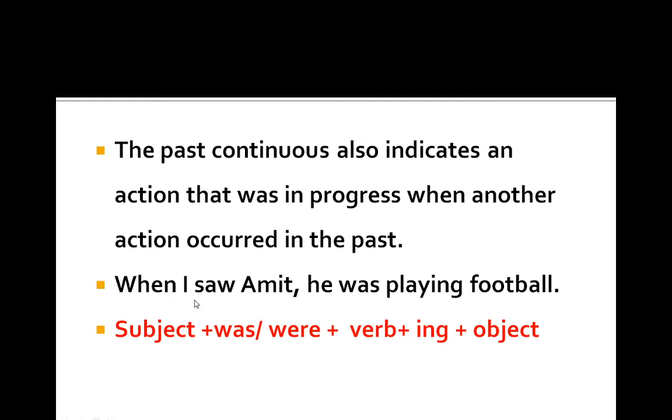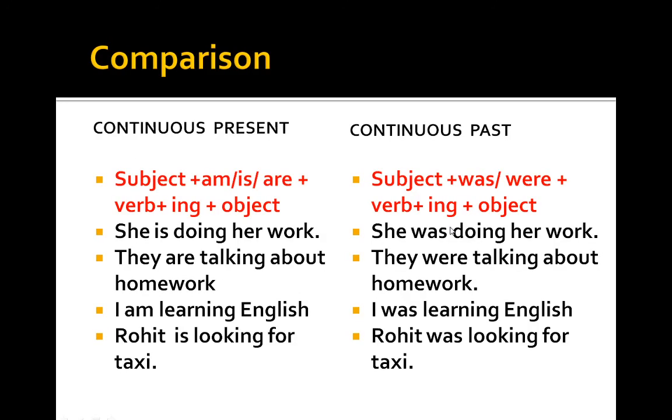Okay students, look at this comparison between the two tenses, continuous present and continuous past. Here, first of all, I have compared the formulas of both tenses. The formula of continuous present tense is subject plus am, is, are plus verb plus ing plus object.